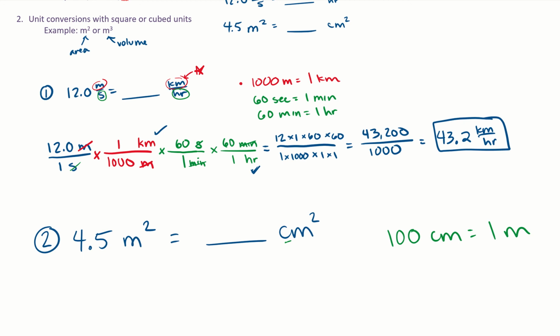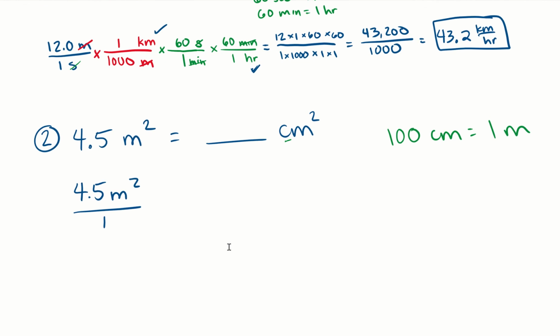I write down what I was given: 4.5 square meters. I underline it. Because I'm going to use a conversion factor, I turn this into a fraction and put a 1 underneath. My conversion factor is 100 centimeters in 1 meter, and I want centimeters on the top because I'm trying to get to centimeters.